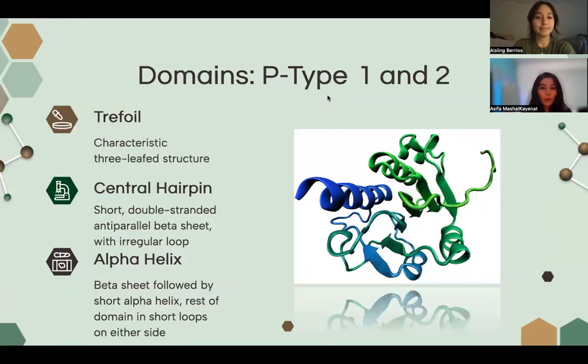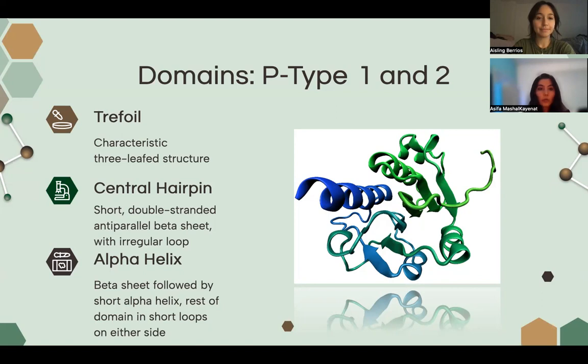So what about the domains? Well, sucrase has 2 of them, P-type 1 and 2 domains. The P-type domains contain 6 cysteines linked by 3 disulfide bonds with connectivity 1 to 5, 2 to 4, and 3 to 6, which leads to a characteristic 3-leafed structure, the trefoil, with 3 loop-like regions.